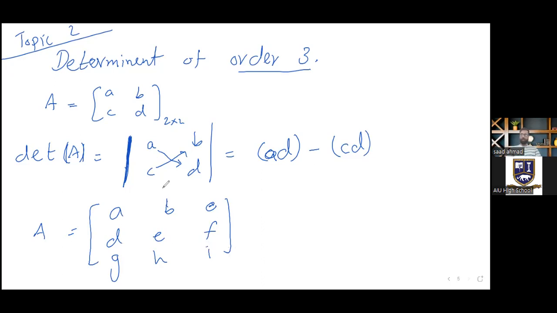So now we are looking for the determinant of order 3. First of all, we write it as the determinant of A with the determinant symbol. And there are two methods. One is a shortcut, one is a bit longer.